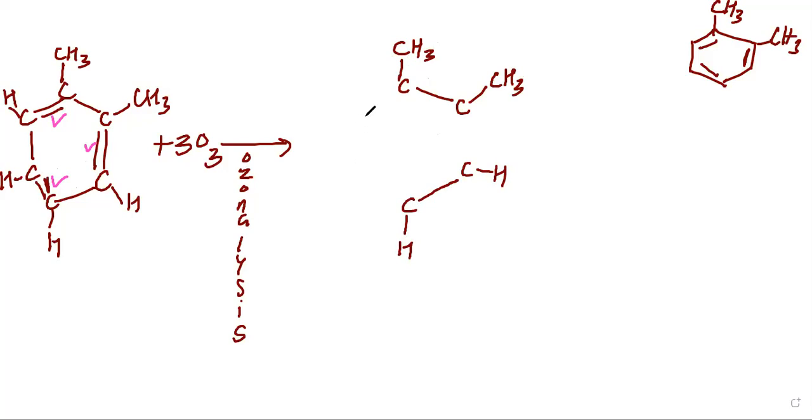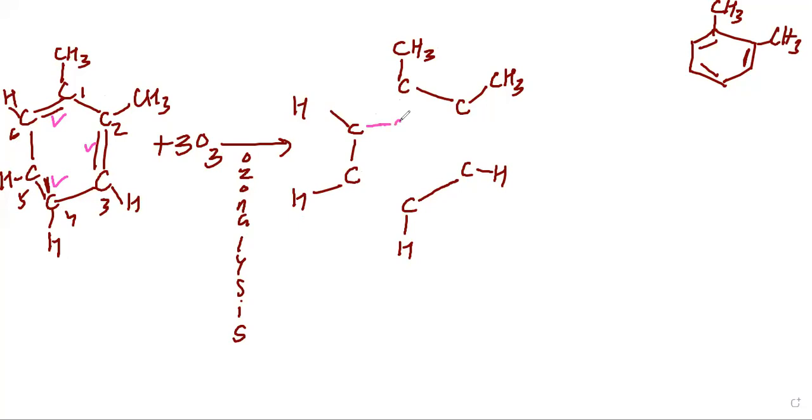Then again, my dear students, we have the bond between, let me give you the number 1, 2, 3, 4, 5 and 6. So the bond between 1 and 6 is going to be broken, my dear students, and then the bond between 6 and 5 remains as usual, and both these carbons are bonded to hydrogen. So my dear students, now let me show you how the three ozone molecules are being added.